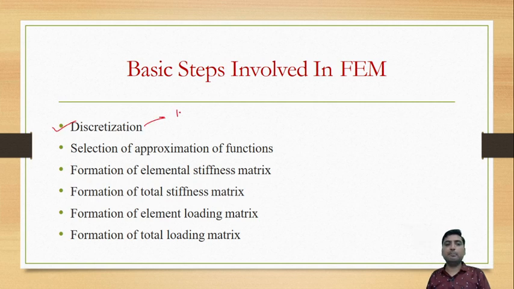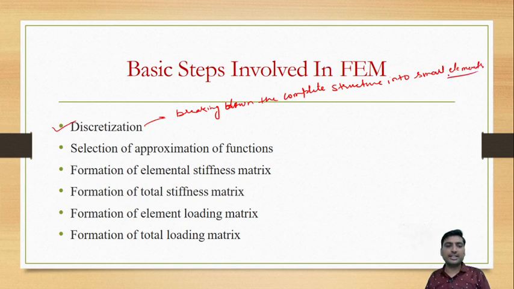Discretization means breaking down the complete structure into small elements called elements or finite elements. So the first step is discretization. We have to break that complete structure into small portions, that is called elements or finite elements.